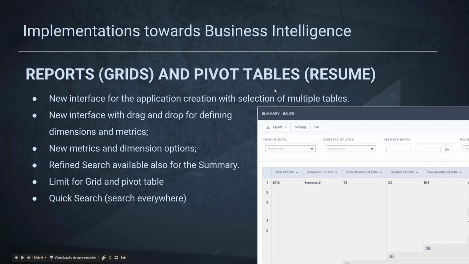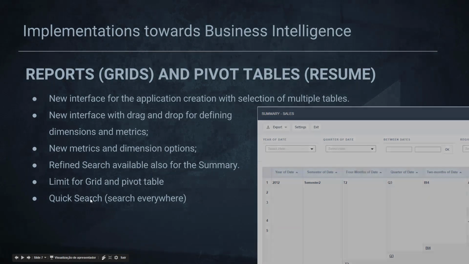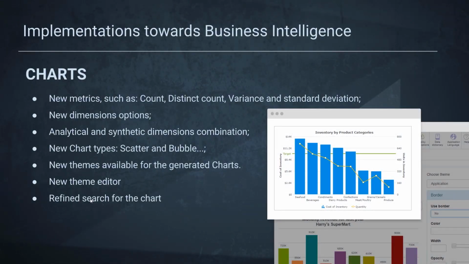So let me see. Okay, grid. We have a new interface, new drag and drop for fields, for dimension and metrics, new metrics and dimension options. We have finite search available also for the summary. Okay, limit for the grid, quick search, search everywhere. Yeah, this is just a little implementation inside the quick search option. Charts, we have new metrics, new dimensions, analytical and synthetic dimensions combination, new chart types, scatter and bubble, new themes editor, refined search for this chart.